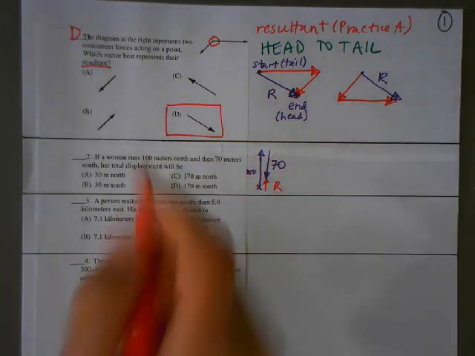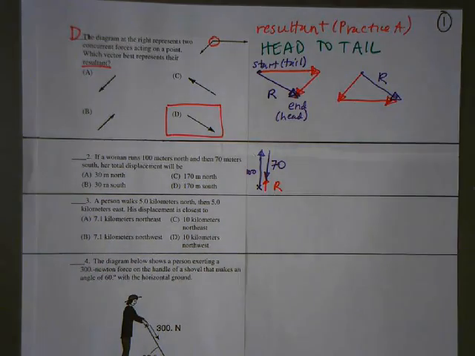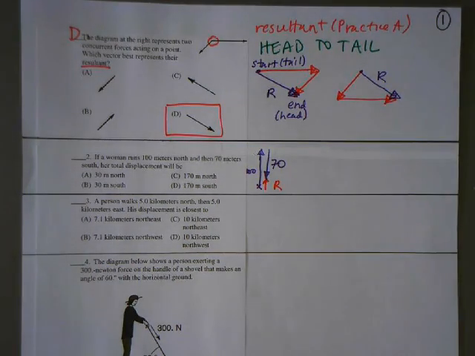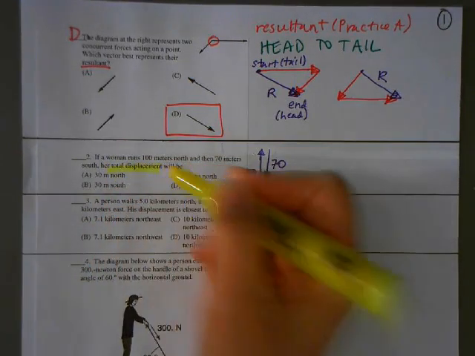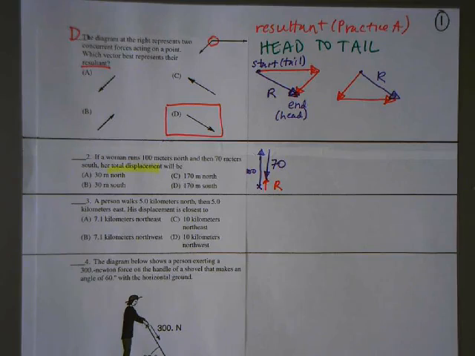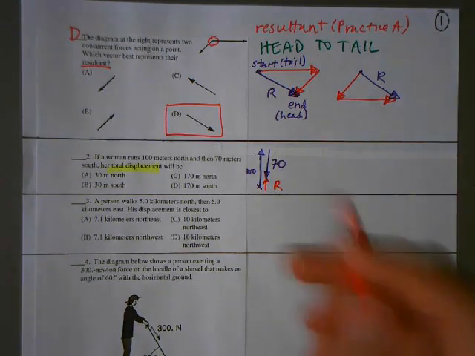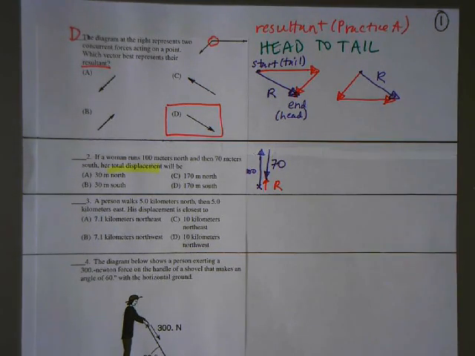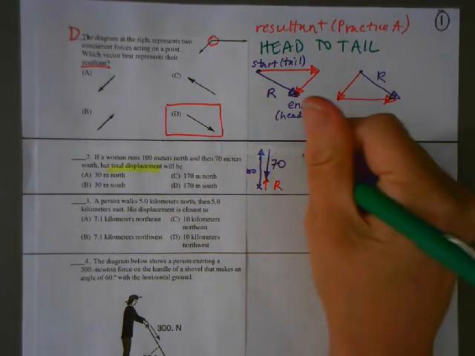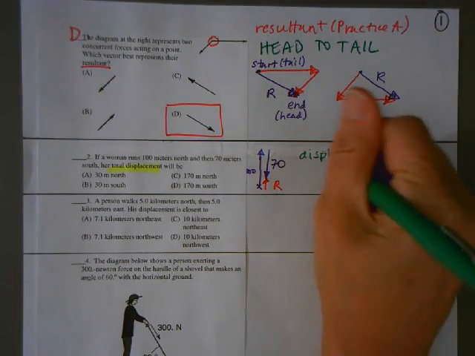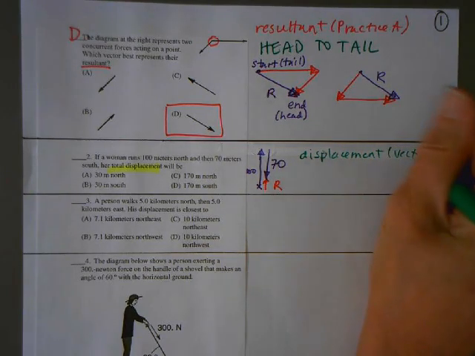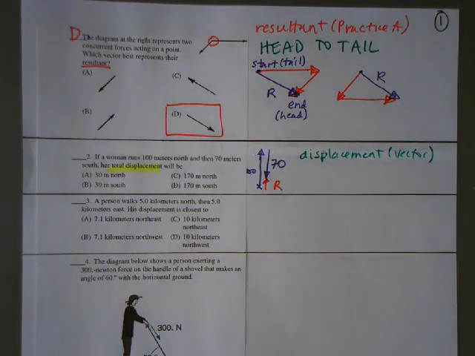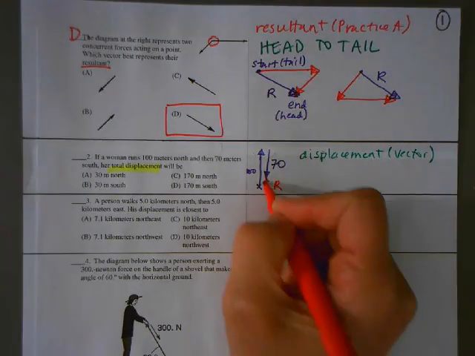And you have to be careful because in this problem, it asks for the displacement, which is a vector quantity. Okay, so that's how we need to know that displacement is vector, and this is also from practice A. So displacement means the vector, so I want the resultant. And that's how we see that our answer is this.